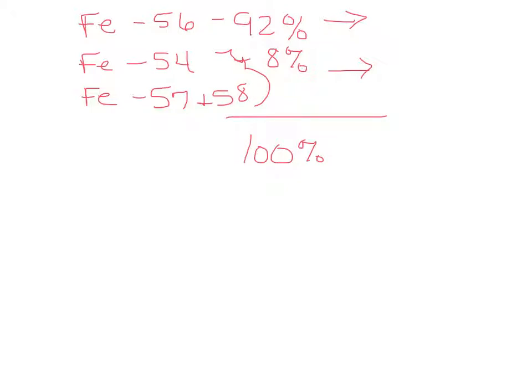Isotopes are the same element, but instead of having the same number of neutrons, they have different numbers of neutrons, and that causes them to have a different mass number. Mass number is just the sum of the protons and the neutrons in the nucleus, and it's not specifically listed on the periodic table, which is why we take the atomic mass and we round it.